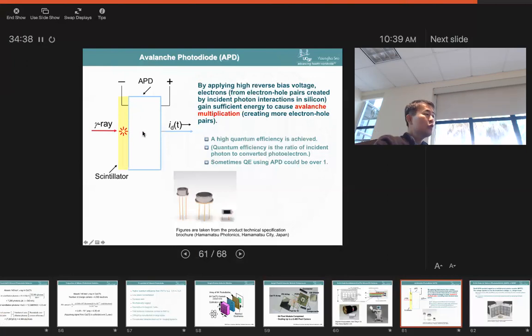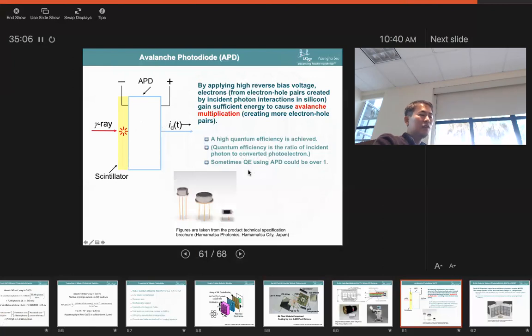As you remember, the conversion efficiency of a photodiode without avalanche multiplication was 50–60%. Now you have a much higher voltage and avalanche multiplication, so the quantum efficiency of an APD is usually even higher than 100%. It's higher than the original signal. That's a good property.